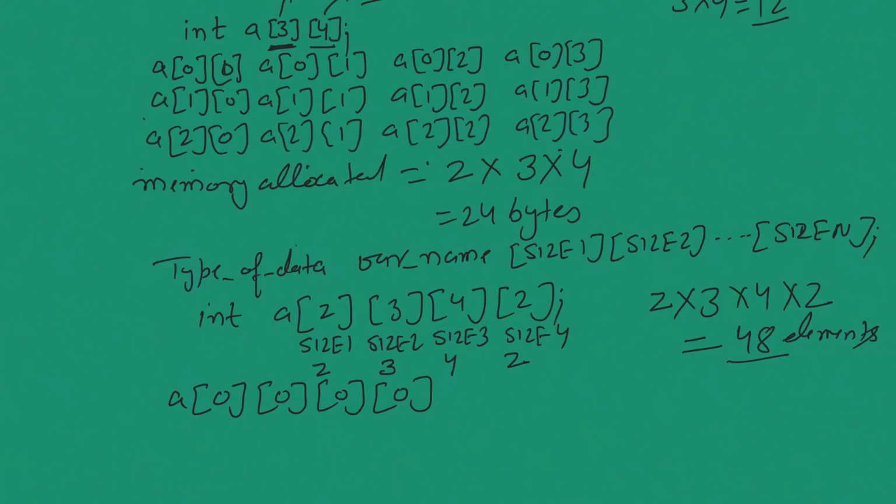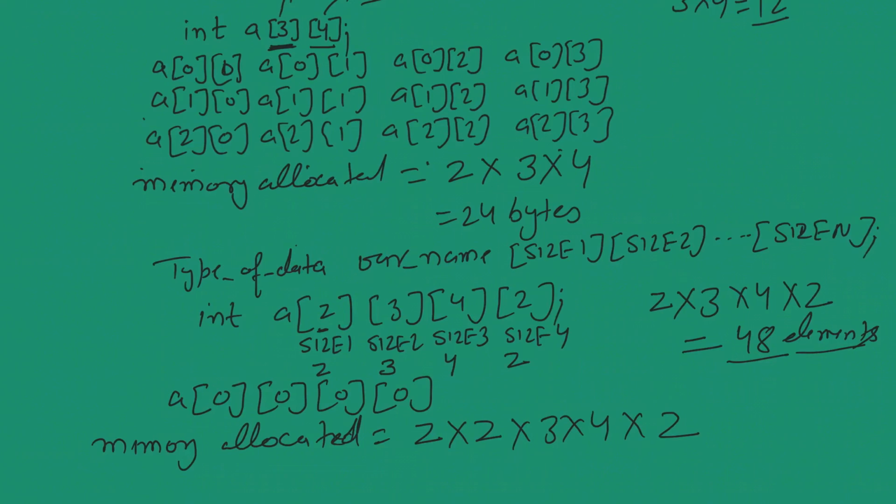This 4-dimensional array has 48 elements, and the memory allocated is the size of the int data type, 2, times 2 times 3 times 4 times 2, which is equal to 96 bytes.